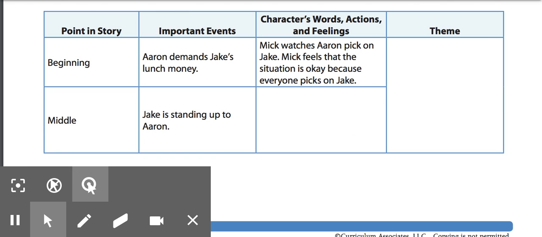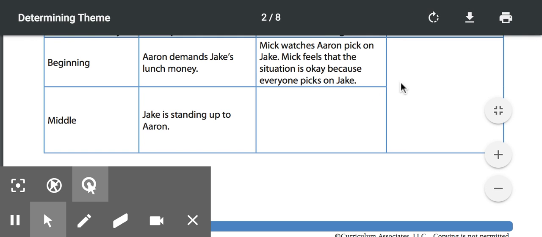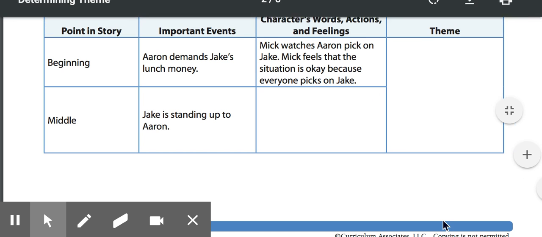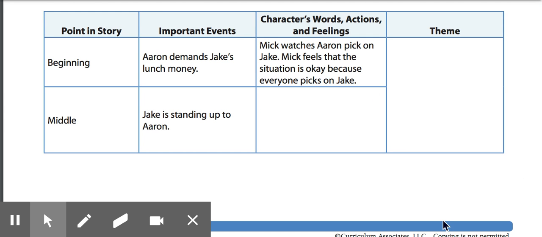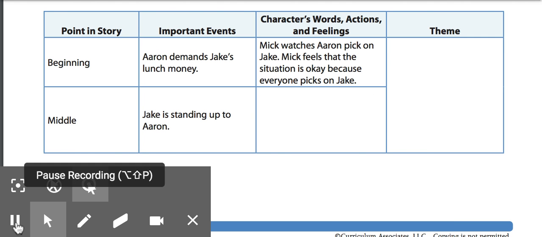Based on the events of the story and the character's words, action, and feeling, I can determine the theme of this part of the story is that maybe it's usually safe to avoid conflict, just because it's not like, you know, from this incident a fight happened. He just stood up for himself and left it at that.